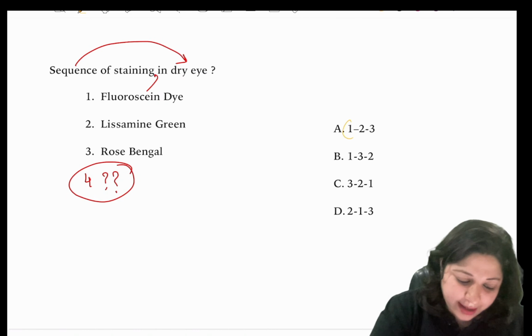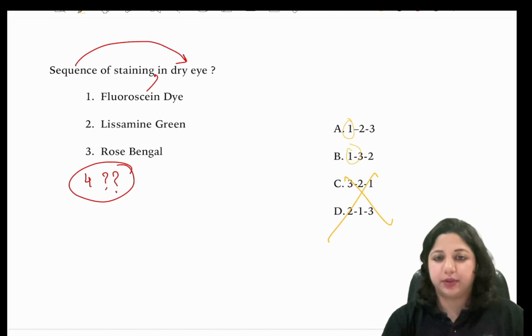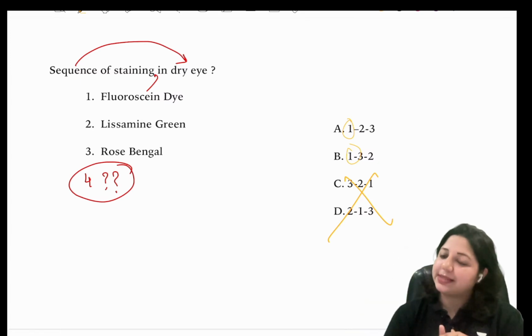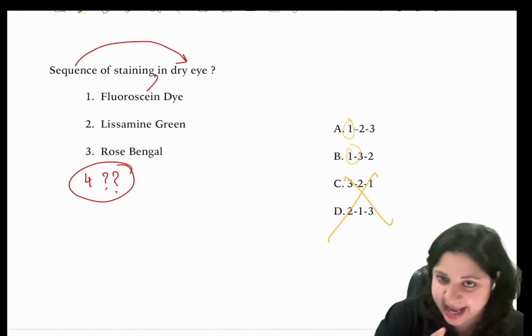So let's see. 1 is here and 1 is here. So that means these two are out of the line. And since now you're left with 2 questions, we had to answer this question. So now we have to decide what happens next.